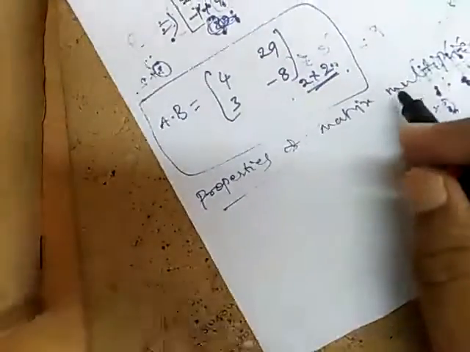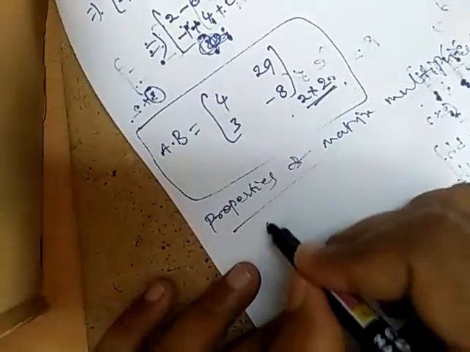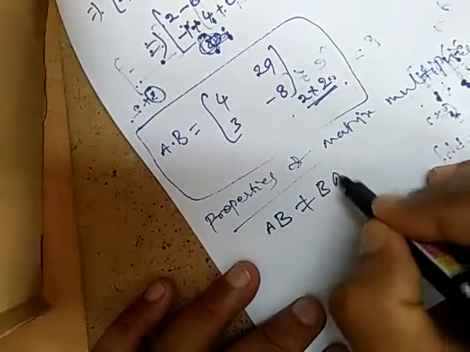Commutative property, it cannot be satisfied. That means AB is not equal to BA.